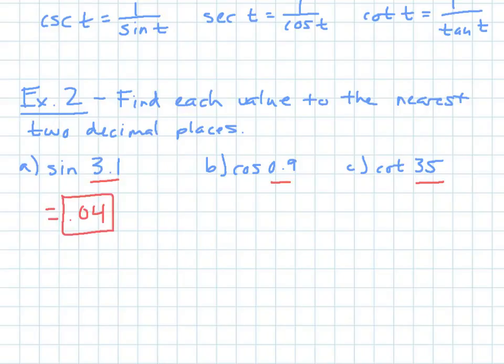Then doing cosine of 0.9, plug that in. It gets me 0.62 rounded to the hundredth.